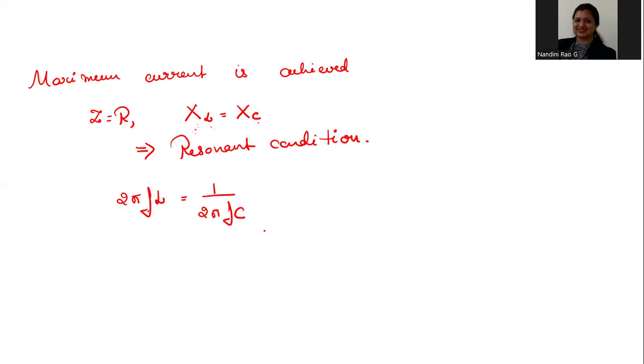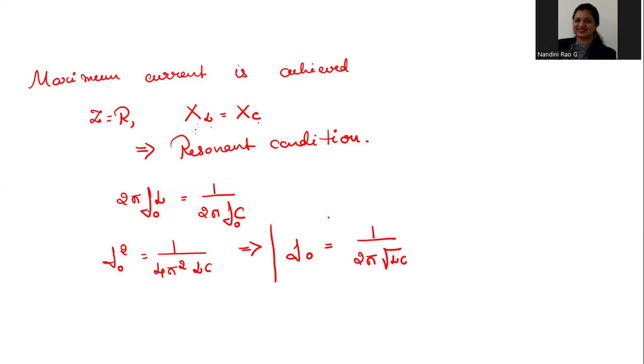I'll bring all these F this side, 2 pi L to the right side. So what do I have? F square equals 1 by 4 pi square LC. Since it is resonant condition, I will write it as F naught. So what will be F naught now? 1 by 2 pi root LC.